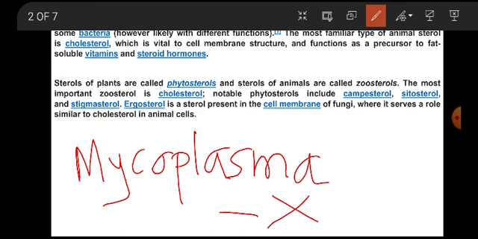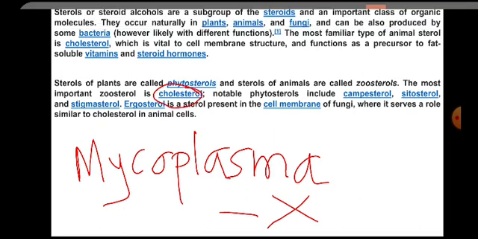Mycoplasma is a class of bacteria that do not possess a cell wall. It is very important to understand this. In that case, the cell membrane is the most external part of the cell. That cell membrane is sturdy, and that sturdiness is because of the presence of cholesterol in the cell membrane.